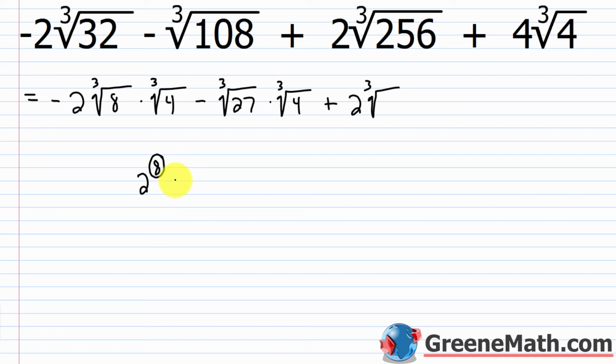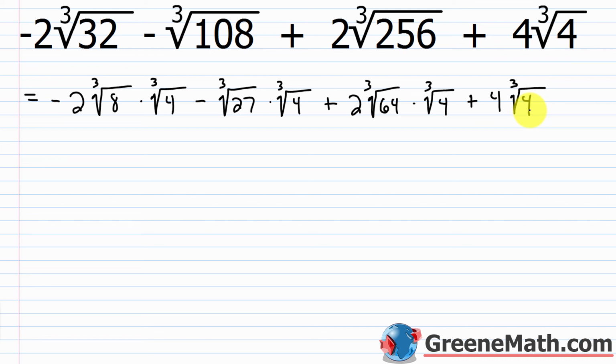So you could break this up into 2 to the 6th power times 2 squared, right? 2 to the 6th power is 64. So you could put the cube root of 64 times the cube root of 2 squared, which is 4. Then plus, you'd have 4 times the cube root of 4. Nothing I could really do with that.